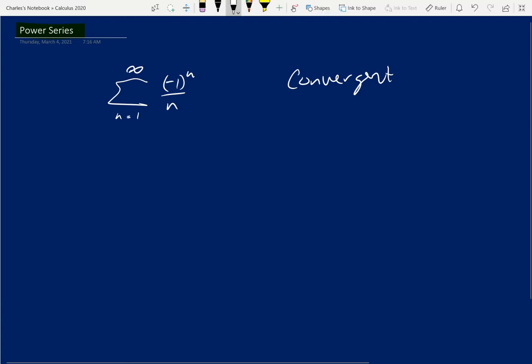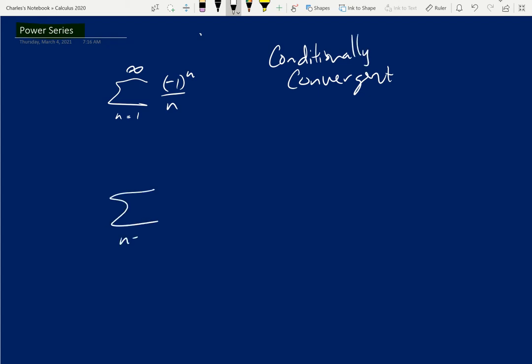Now, if it only converges because of the alternating part, for instance, if I put an absolute value around this, that gives me a series that diverges. This is what we're going to be calling conditionally convergent.